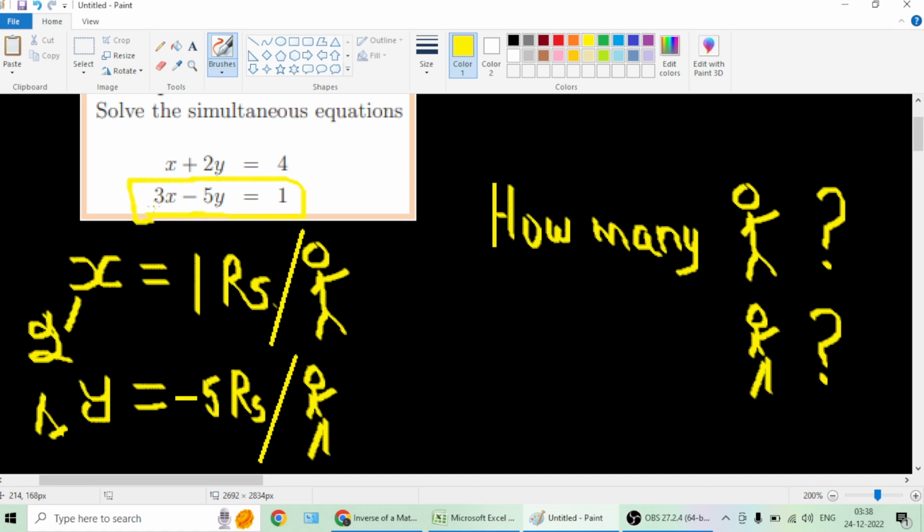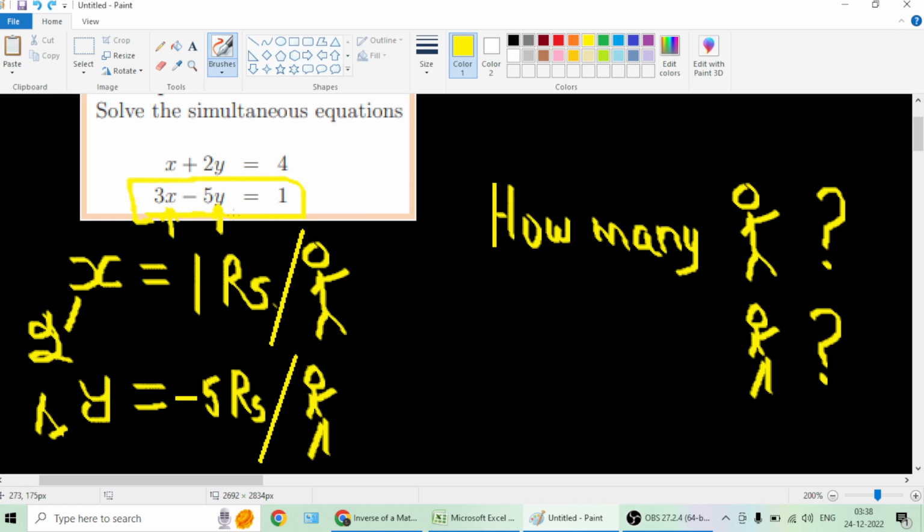So 2 men will give you a 6 rupee earning, and 1 woman will give you a 5 rupee loss. 6 rupee earning minus 5 rupee loss will give you the right hand side of the equation. So this is how it goes.